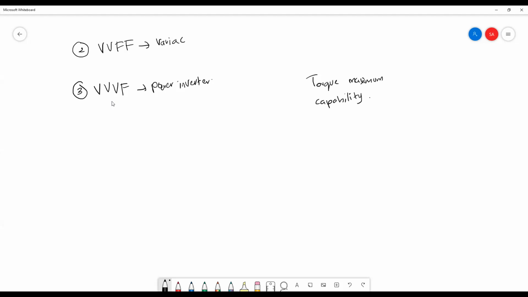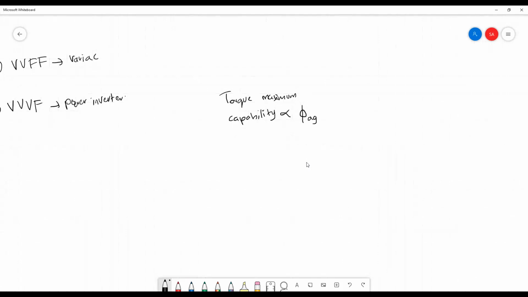Okay, so the maximum torque capability is related to the flux through the air gap between the stator and the rotor. And this air gap flux depends on the ratio of the voltage and the frequency.